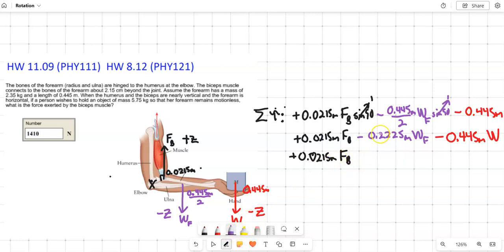This purple torque is 0.2225 meters times 2.35 kilograms times 9.8 meters per second squared. So that's the full weight of that forearm times its location from the center.